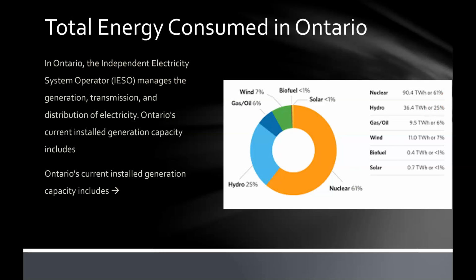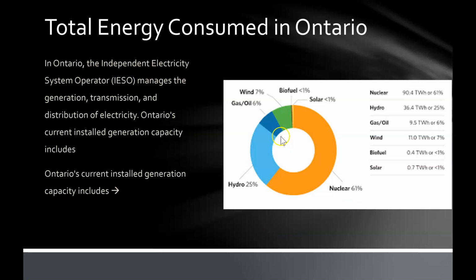In Ontario, it's called the Independent Electricity System Operator, or IESO, which manages the transmission and distribution of electricity within Ontario. Ontario's current installed generation capacity includes the following.